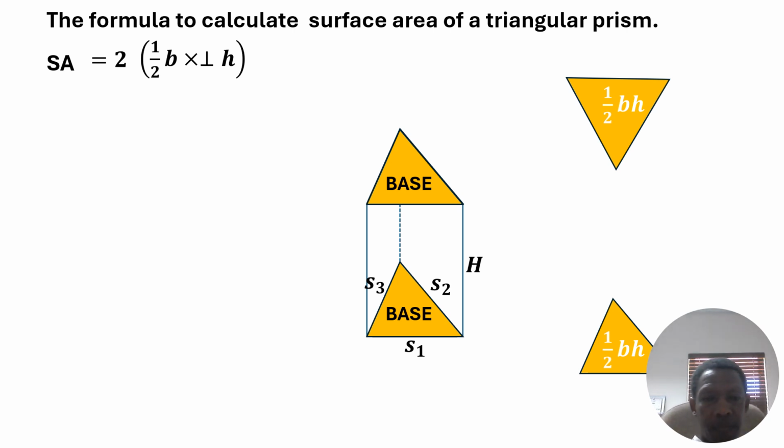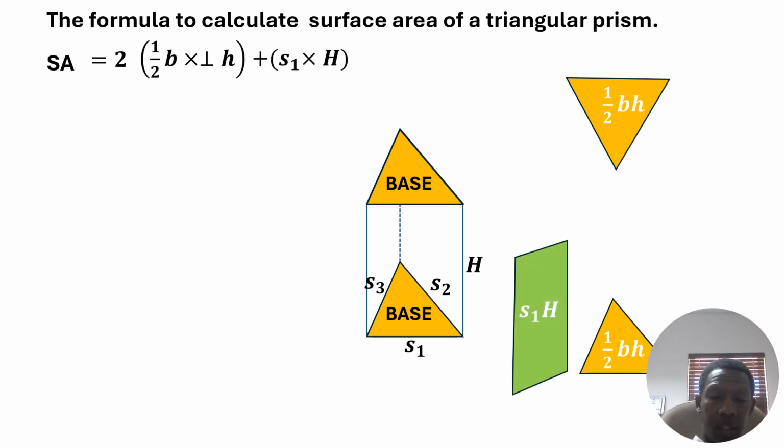And then on top of that, we will have the area of one of the rectangles, which is calculated using side 1 multiplied by the height of the prism. Side 1 of the triangle multiplied by the height of the prism.